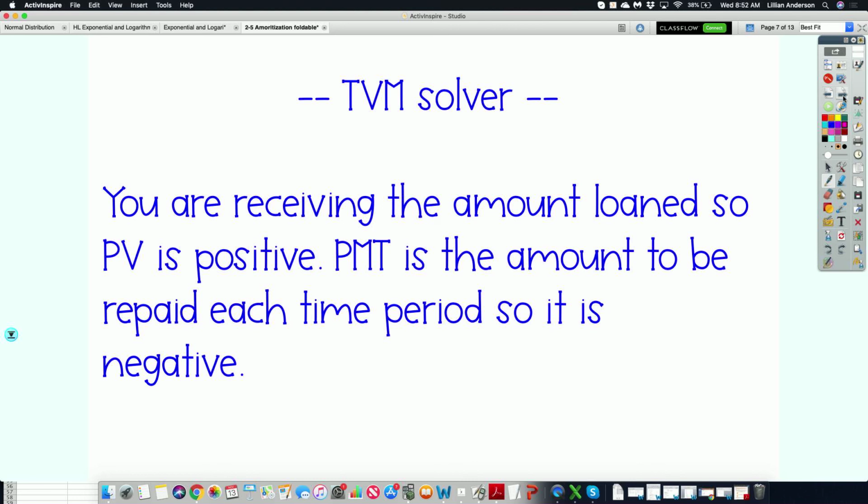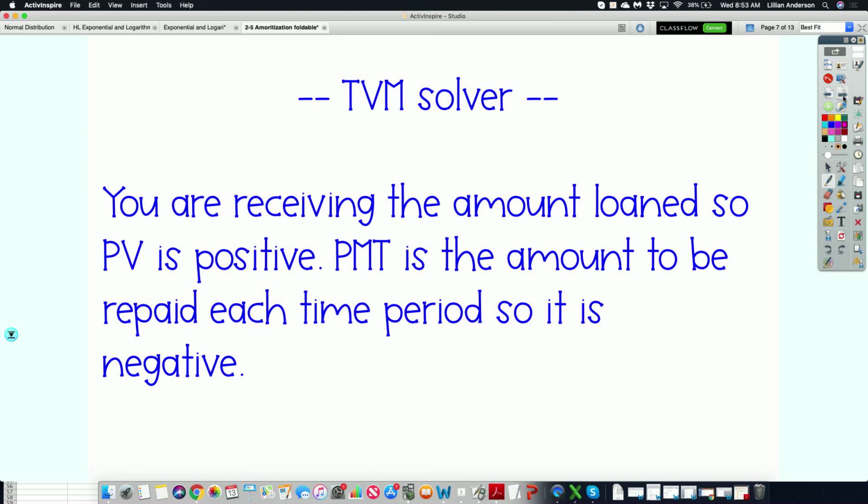Like I said, we're going to be using your solver and your calculator to do all these problems. There is a formula, but you don't need it for examination purposes. Since you are receiving the amount of the loan, your principal value is going to be positive, since the bank is the one giving you the money. Your payments, however, which is the amount that's going to be repaid each time, is going to go in as a negative number.